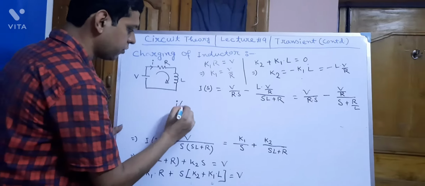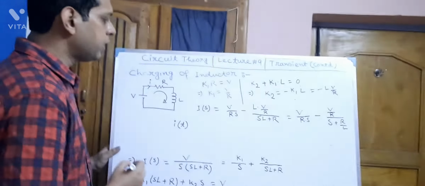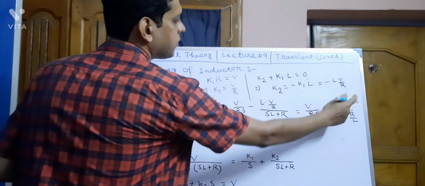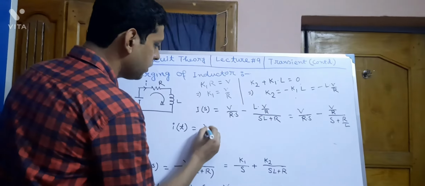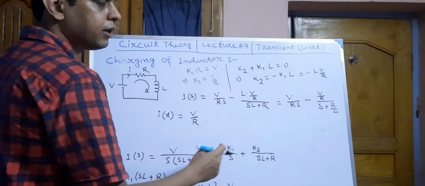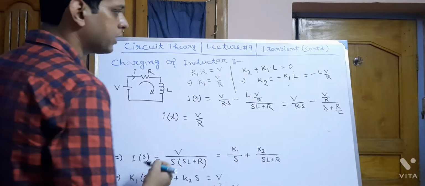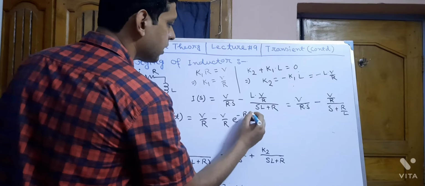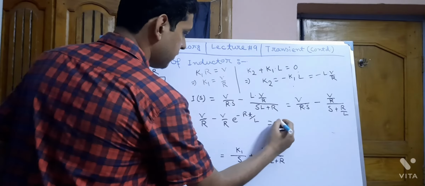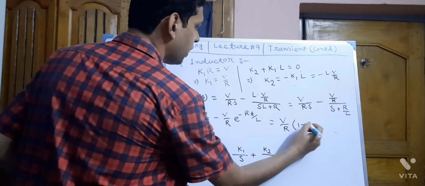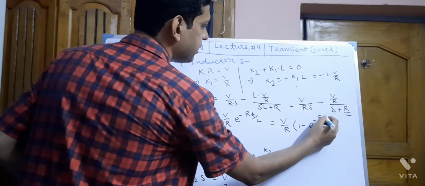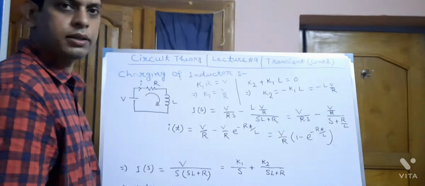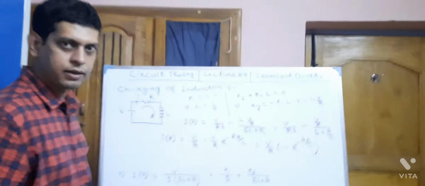Now let us take the inverse Laplace transform. This is V by R, the inverse Laplace transform of 1 by S equal to 1, minus V by R e to the power minus RT by L. So this is V by R into 1 minus e to the power minus RT by L. This solution is nothing but the solution we obtained earlier.